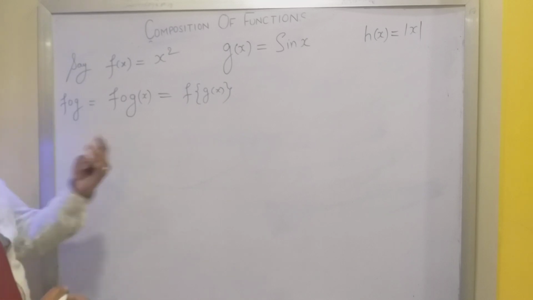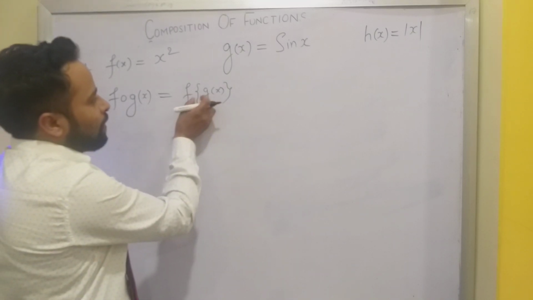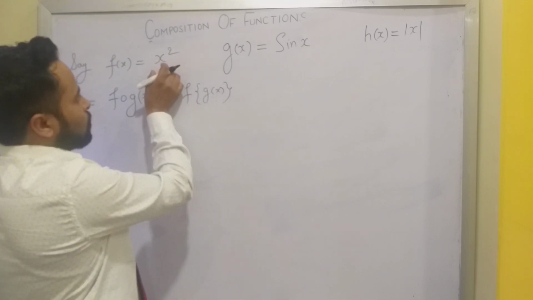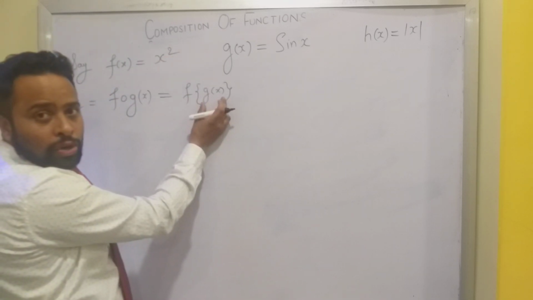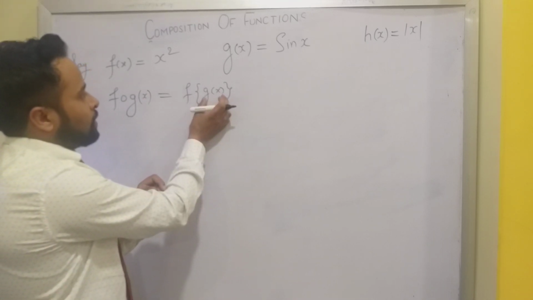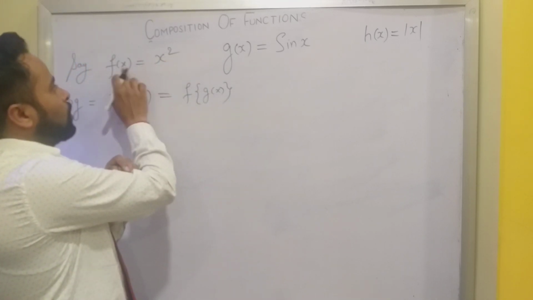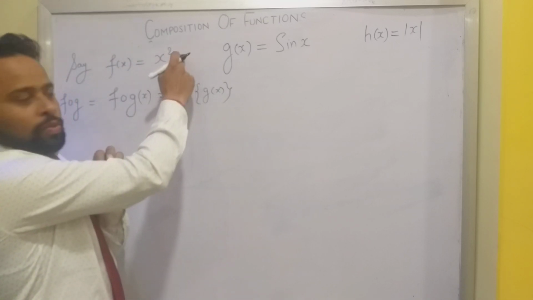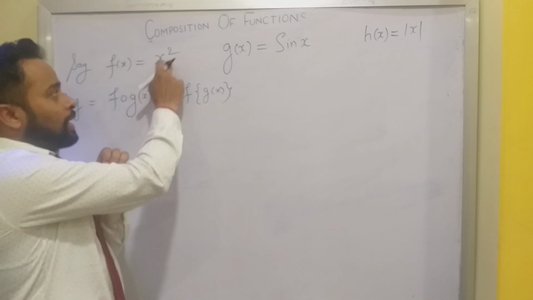What is f of x? f of x is x square. So in place of x, we write g of x. What is f of x? x square. When it is g of x, it is g of x square. When it is t, it is t square. When it is n, it is n square.